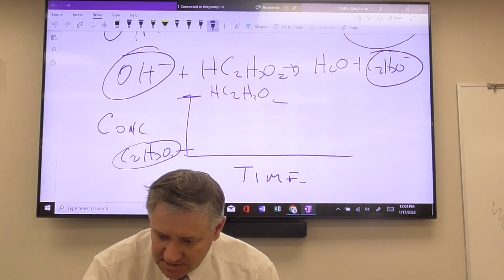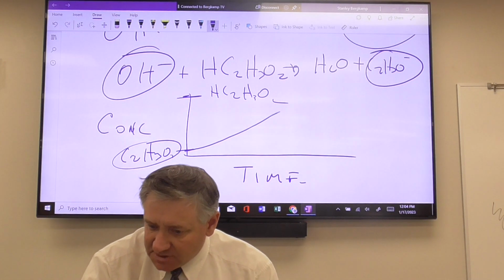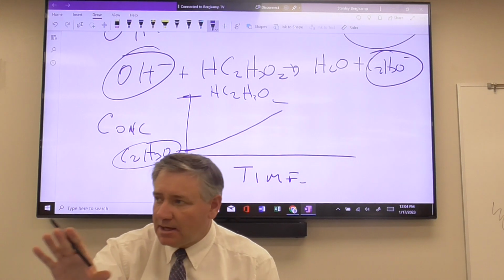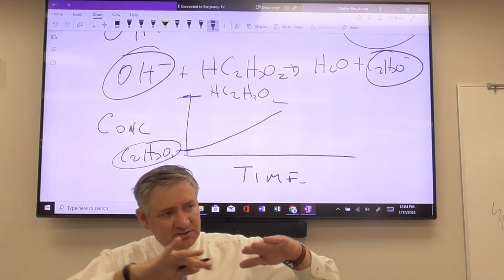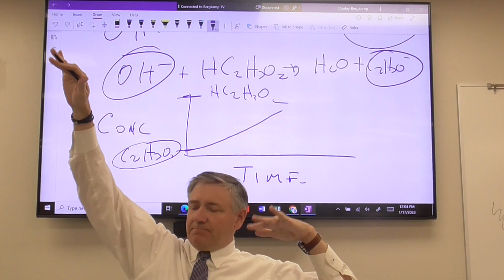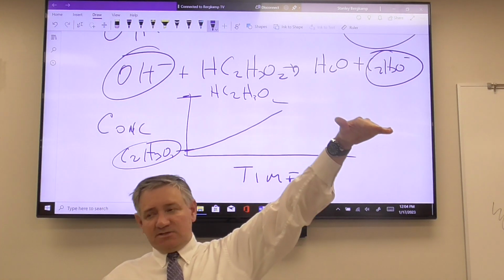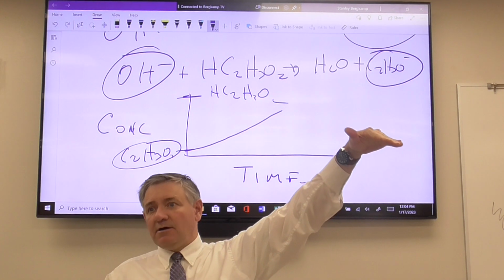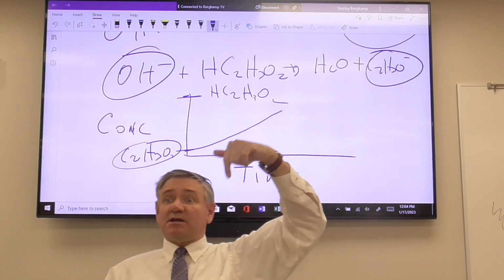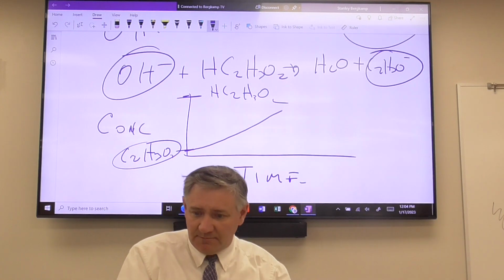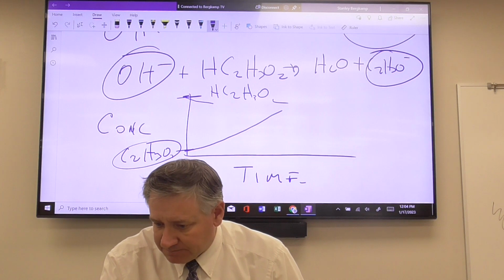Increase. It's going to increase because it's a product of the reaction between the acid and the hydroxide. So the concentration of my anions is going to go up. What's going to happen to the concentration of my acid? It's going to go down because it's getting used up with the hydroxide. So this is going to go down.